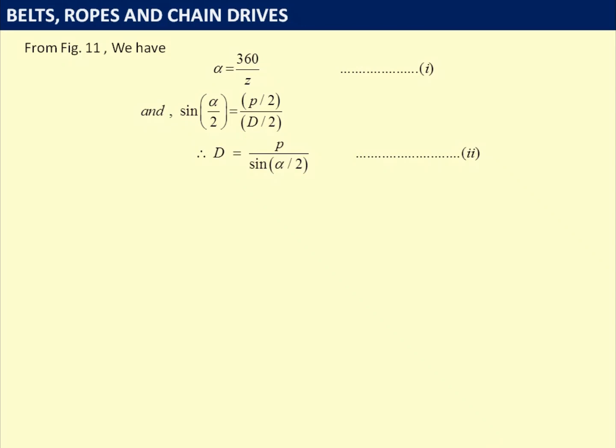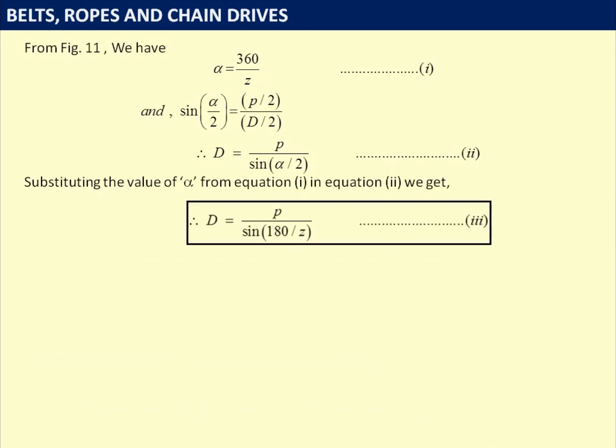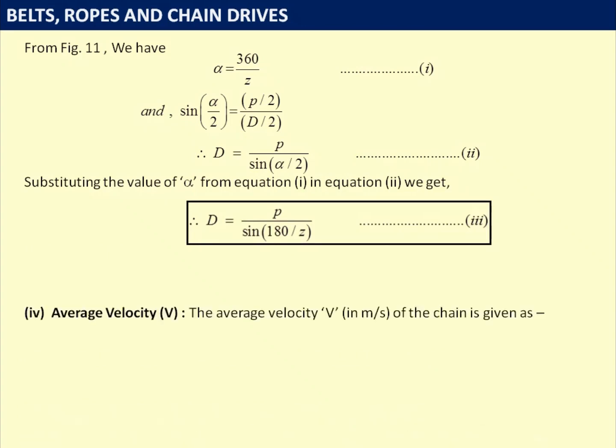So let us take this as equation 2. Now substituting the value of alpha from equation 1 in equation 2, we have the pitch circle diameter D equal to p upon sine of 180 by Z. So let us take this as equation number 3.